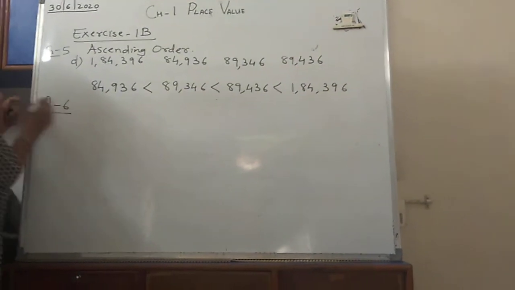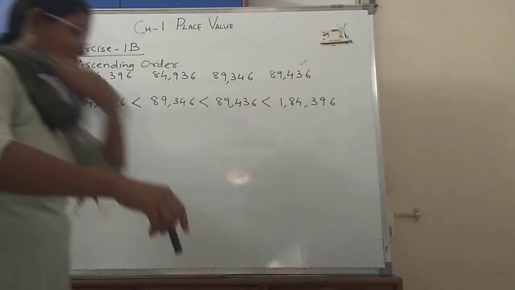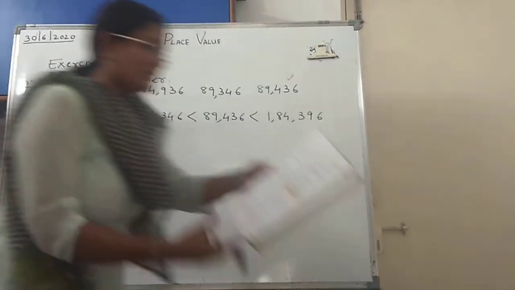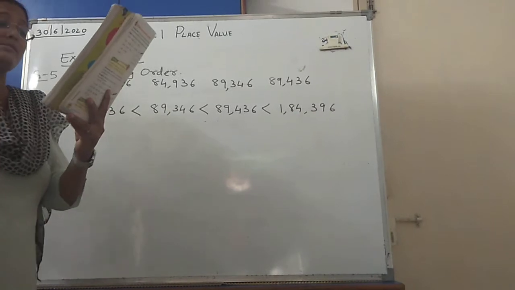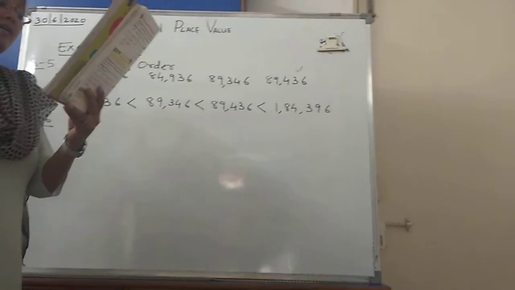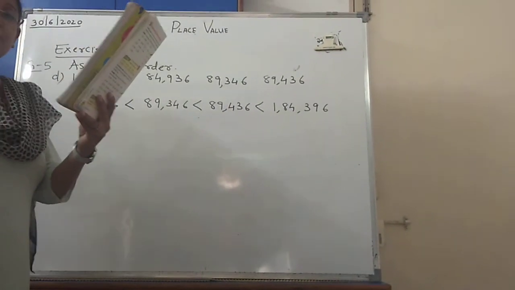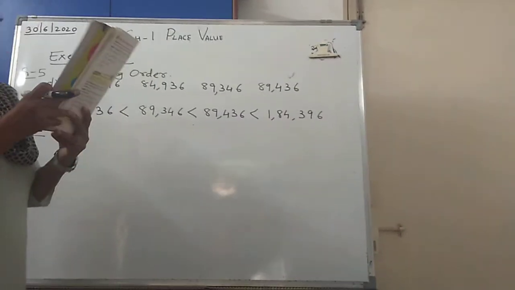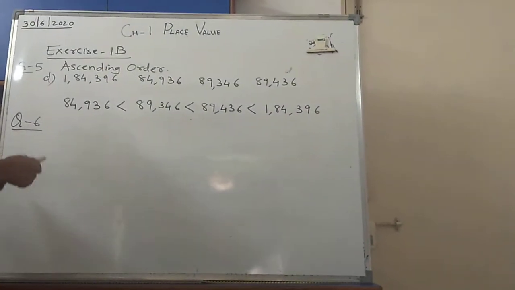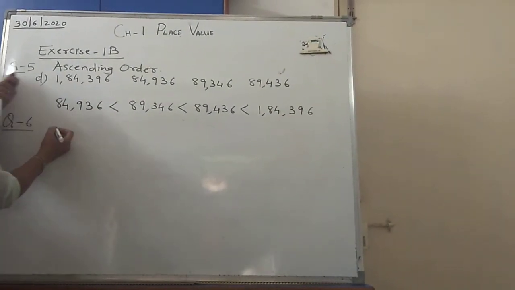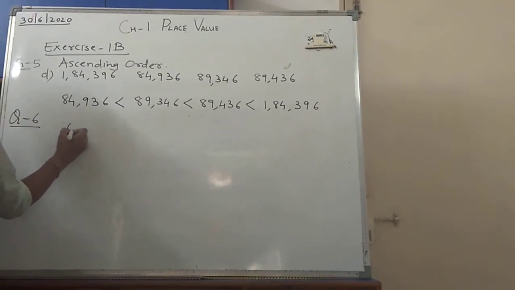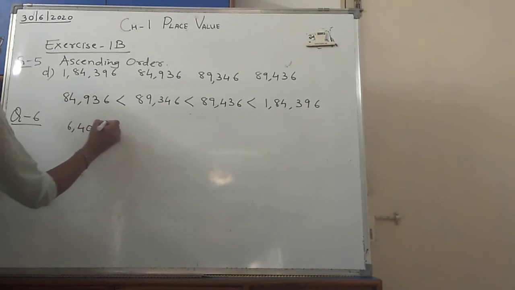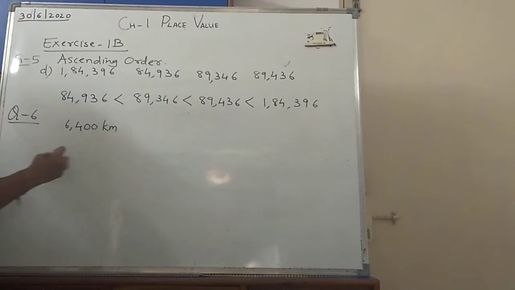Now let us move to question number 6. Question number 6 is once again a list of some of the longest rivers in the world, and they have given the measurement of each. Rearrange them in descending order. Let me write down the numbers here. Amazon river is 6,400 kilometers.